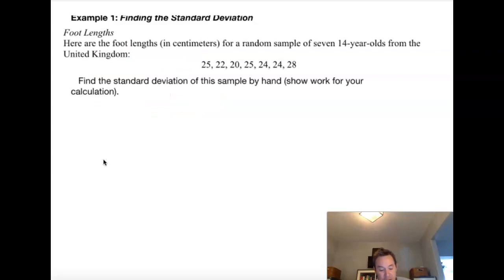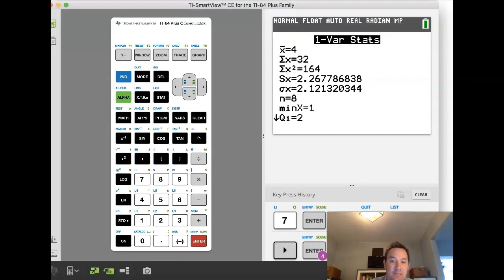All right, so these are the foot lengths in centimeters for a random sample of 7 14-year-olds from the United Kingdom. Find the standard deviation of this sample. We're not going to do it by hand. We did one by hand, kind of, and that's enough. But we are going to interpret it. So in your calculator, go ahead and enter this data set into list 1 and run your one variable stats.